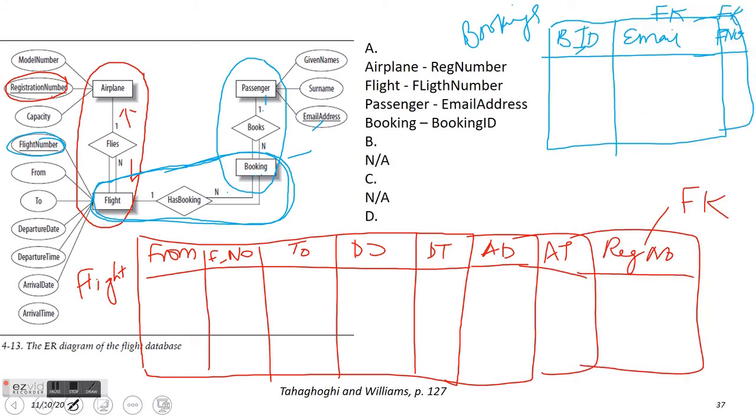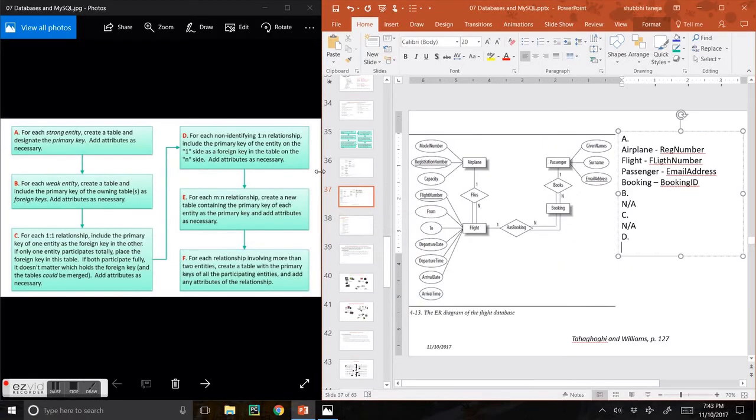So my booking table has two foreign keys. One is email address coming from the passenger table, and one is flight number coming from the flights table. So this is step D. That finishes step D, since we've considered all the three relationships that we had.